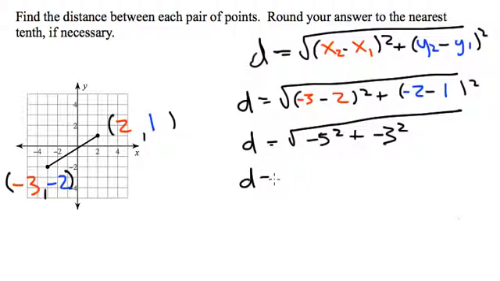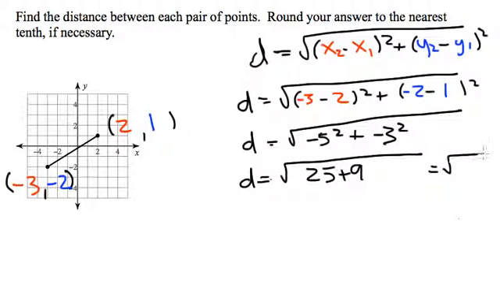So the distance equals the square root of 25 plus 9, which is the same thing as the square root of 34.